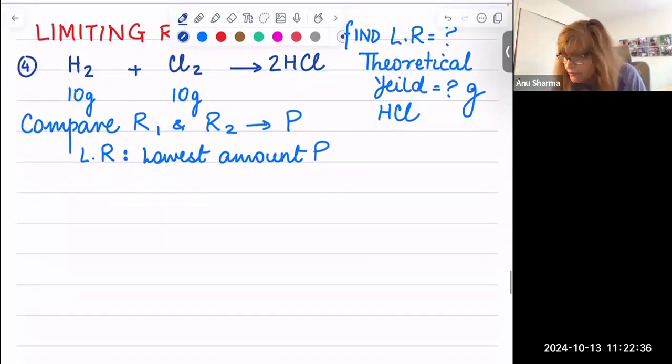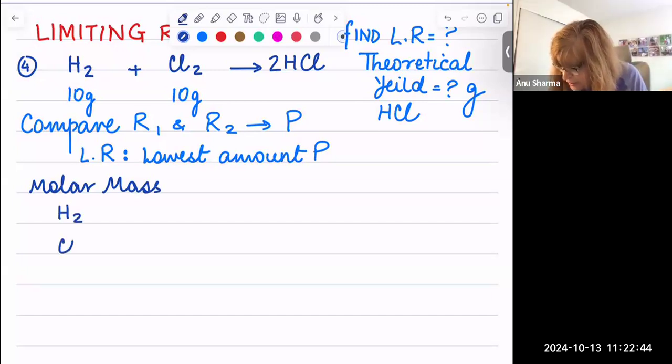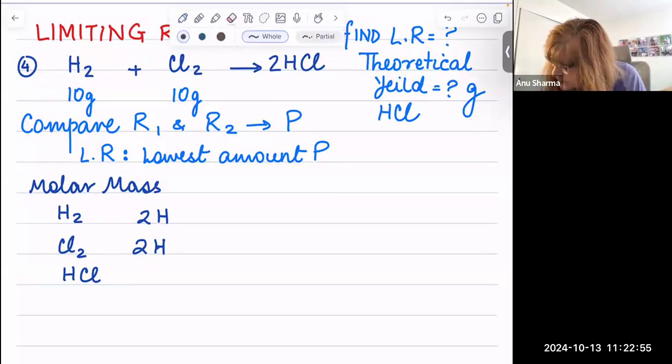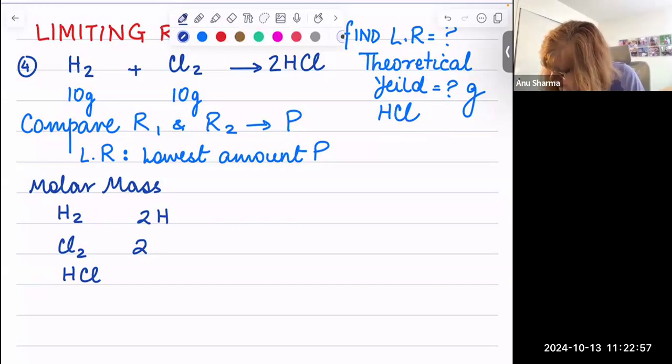So same story, you're going to do on the side: calculate the molar masses and just leave them on the side. So here you have H2 and you have Cl2 and you have HCl. There are 2 hydrogens, 2 chlorines, and then 1 hydrogen and 1 chlorine.